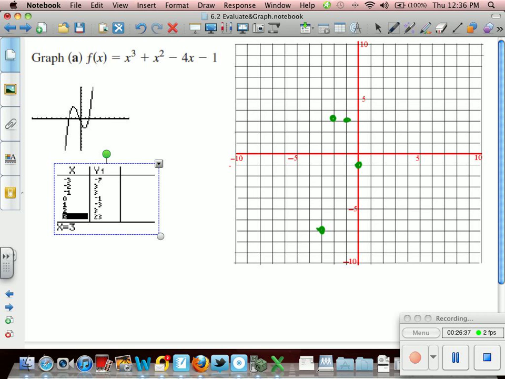At 1, I'm at -3. At 2, I'm at 3. And it keeps on going. But you need to do a general gist. We know that it keeps on going farther down right here, so a little arrow going there. Kind of give it a little curvature here to this next point.